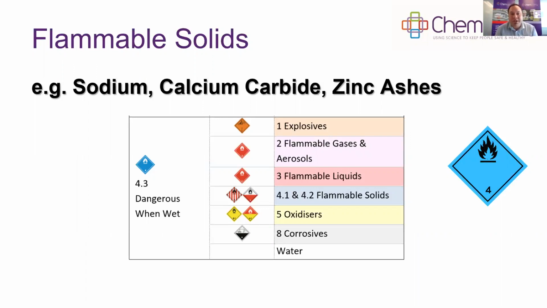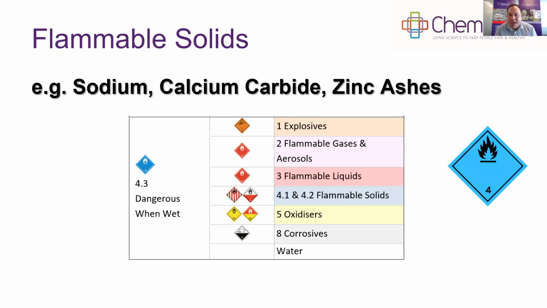An interesting one is the calcium carbide reaction with water. This is what was used to light lamps for miners back in earlier days. It would react with the calcium carbide and evolve acetylene gas, which we all know is a flammable gas. So calcium carbide is a perfect example of a substance that's incompatible with water.